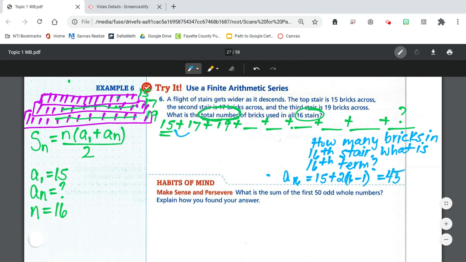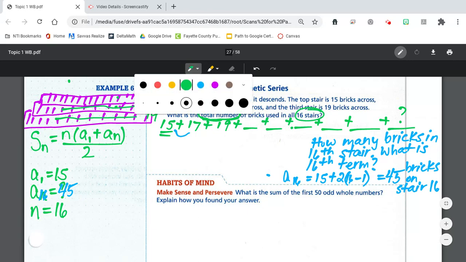So there's 45 bricks on stair 16. So I know a sub 16 is 45. Okay, that's all the information I need to know to find the sum.